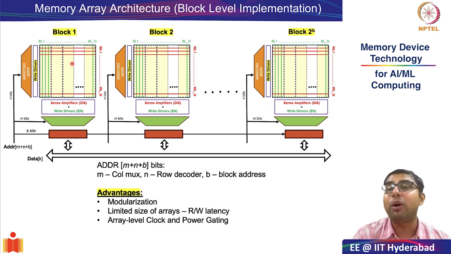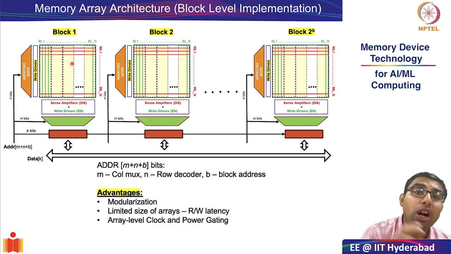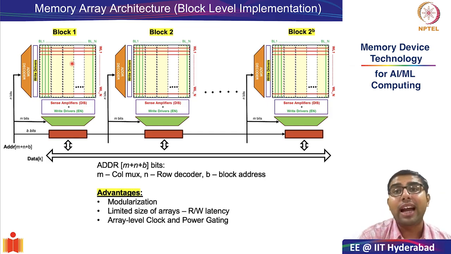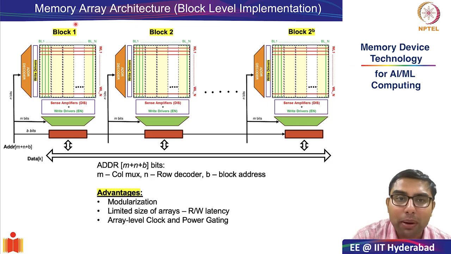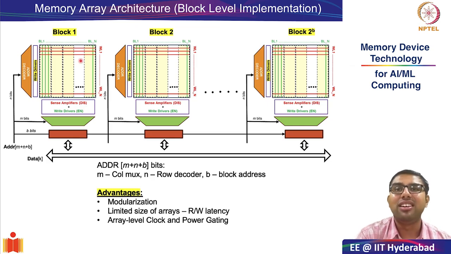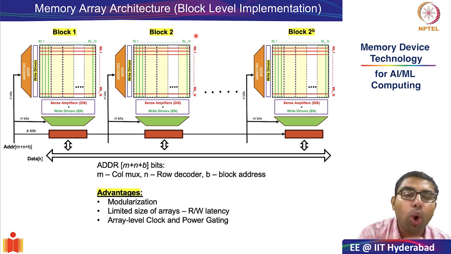What is the meaning of power gating? There is a context to power gating when we look at different kinds of memories. If we are dealing with a volatile memory, you cannot simply switch off the power supply to the array. So what do you do? You bring down the power supply to a small minimum value such that it is enough to hold on to the data.